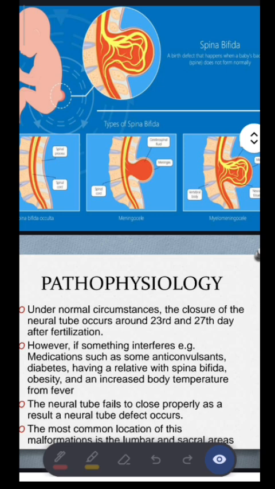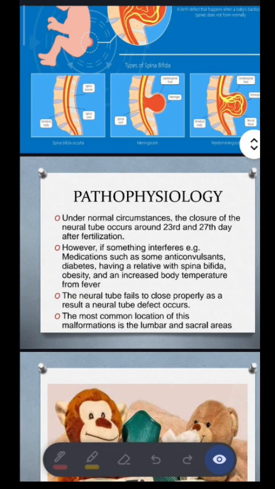Then coming to the pathophysiology. Under normal circumstances, the closure of the neural tube occurs around the 23rd to 27th day after fertilization.